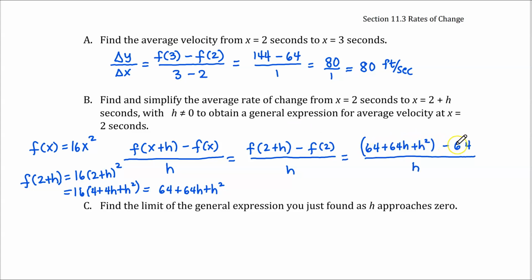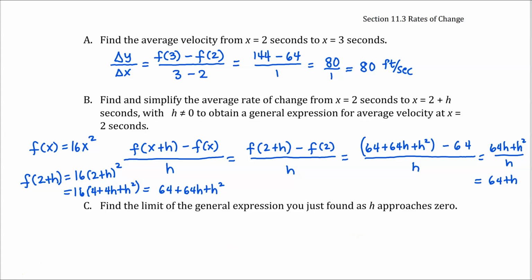Now 64 cancels out, so we only have 64h plus 16h squared over h. Now h is a common factor, so we can factor out h in the numerator and then cancel that with the h in the denominator. Or you could just divide each term here by h. And this will result to 64 plus 16h.